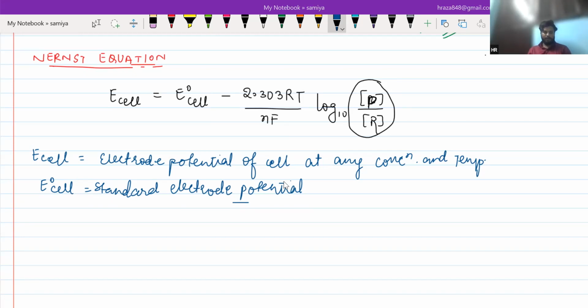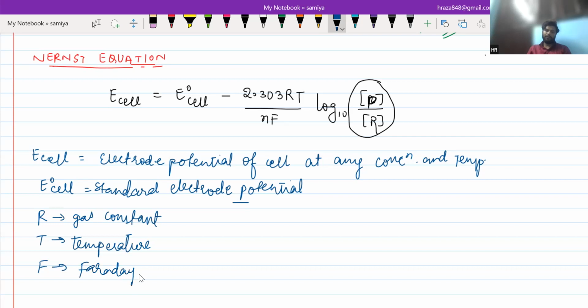Now see, there is R, that is gas constant. Then we have T, that is temperature. Then we have F, that is Faraday's constant, which has a value of approximately, after rounding, 96,500 coulomb.